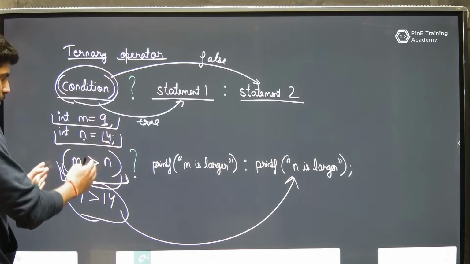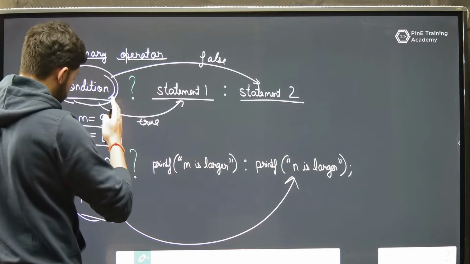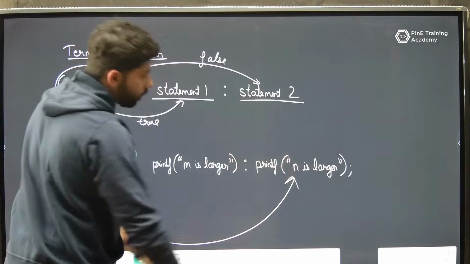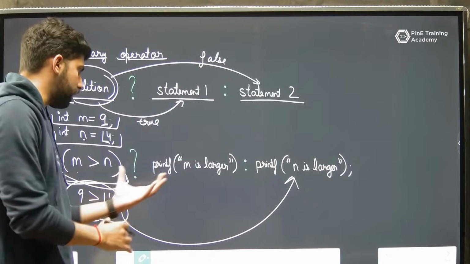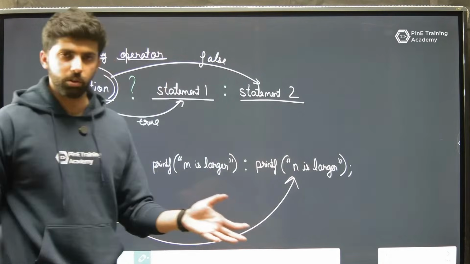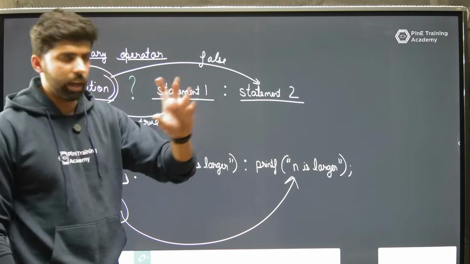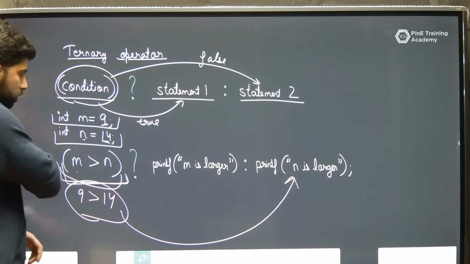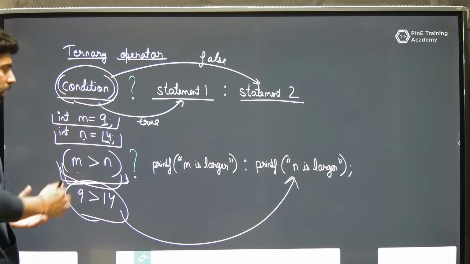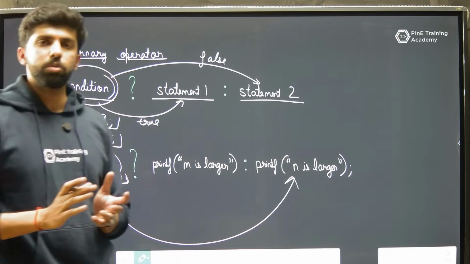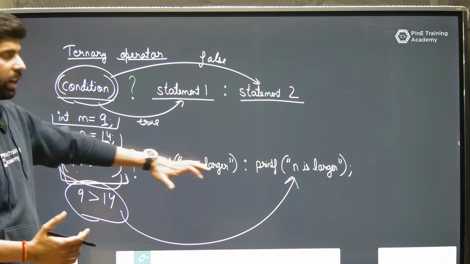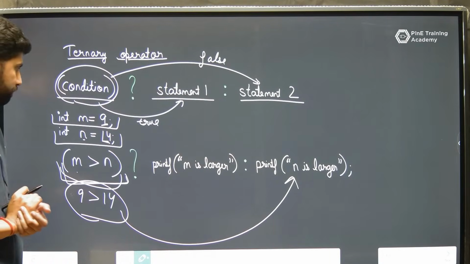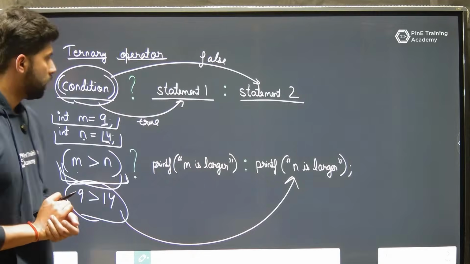If the condition is true, code 1 will run; if it is false, code 2 will run. This is helpful when you have very small statements to execute, because generally it comes in one line. So you can use the ternary operator when you have small conditions to check or small statements to execute. It can also check the conditions and execute the statements for you.